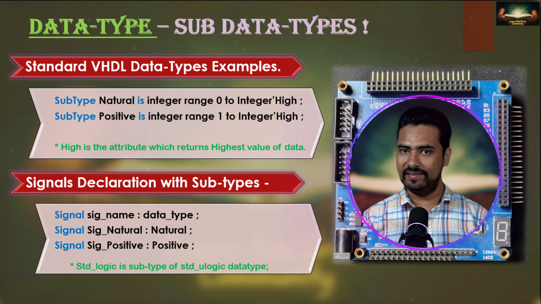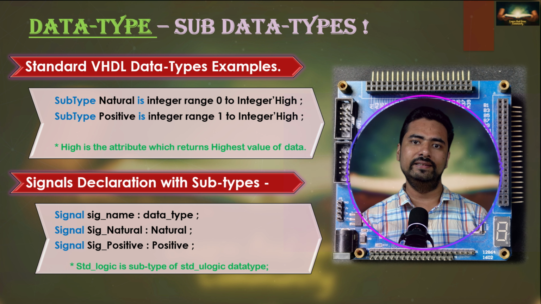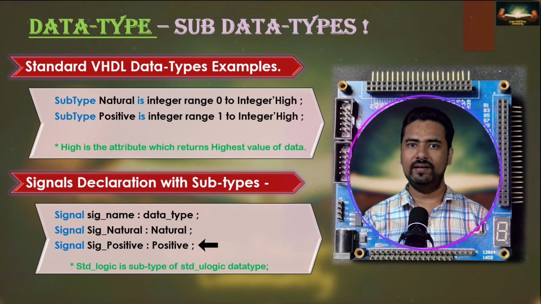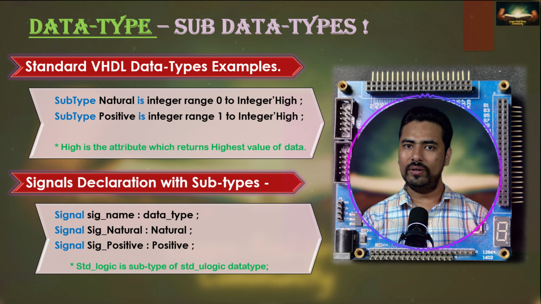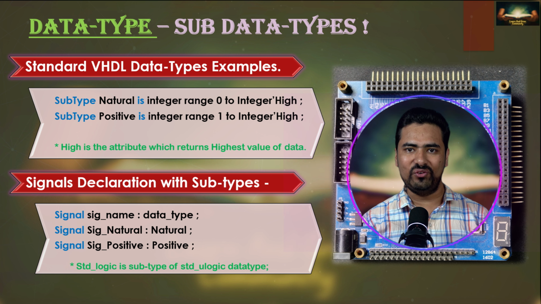Well, they are exactly the same as we declared the signals earlier. Even the syntax is exactly the same. So write signal sig_natural colon natural semicolon. Next is signal sig_positive colon positive semicolon. You can use any signal name by your wish. Just remember the rules of identifiers.